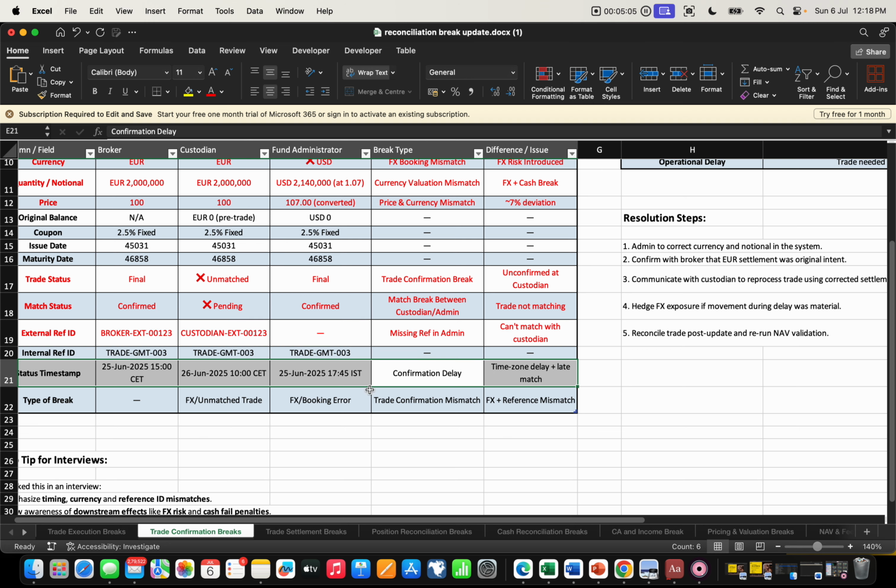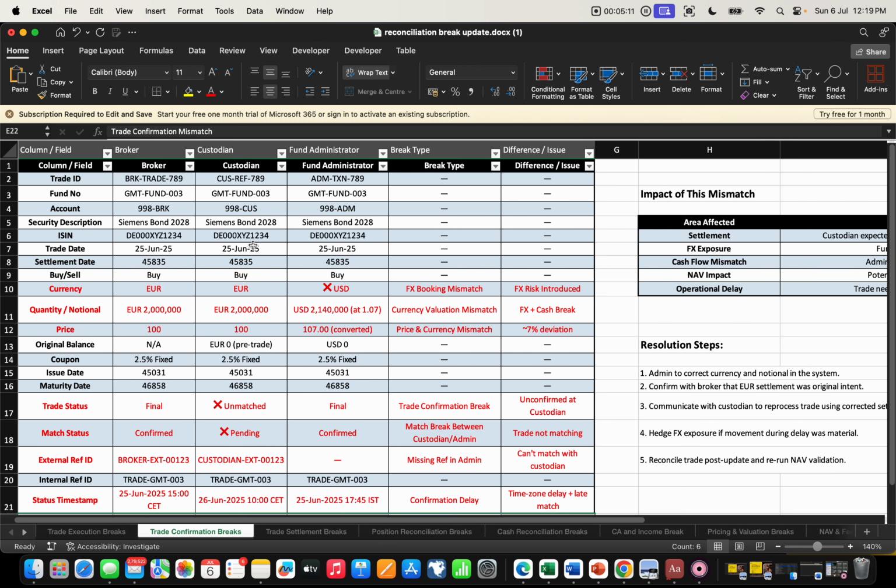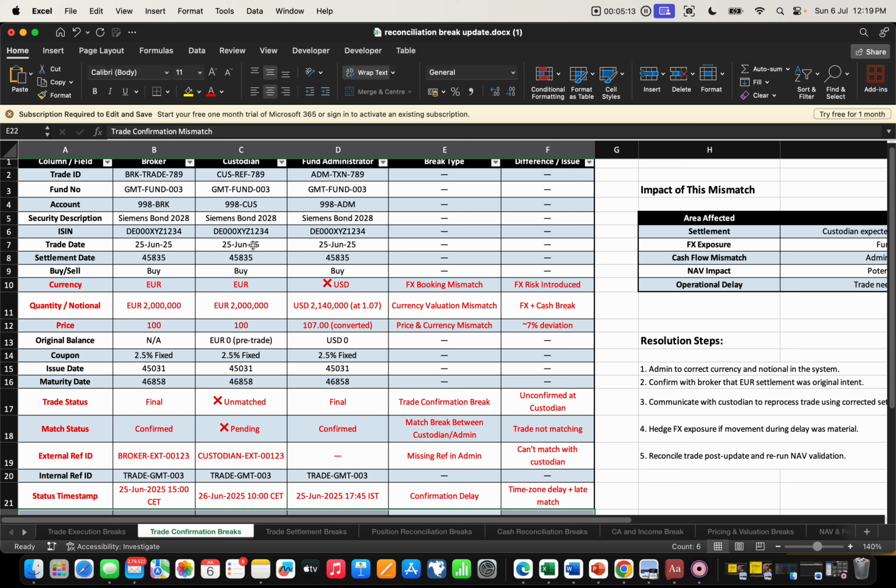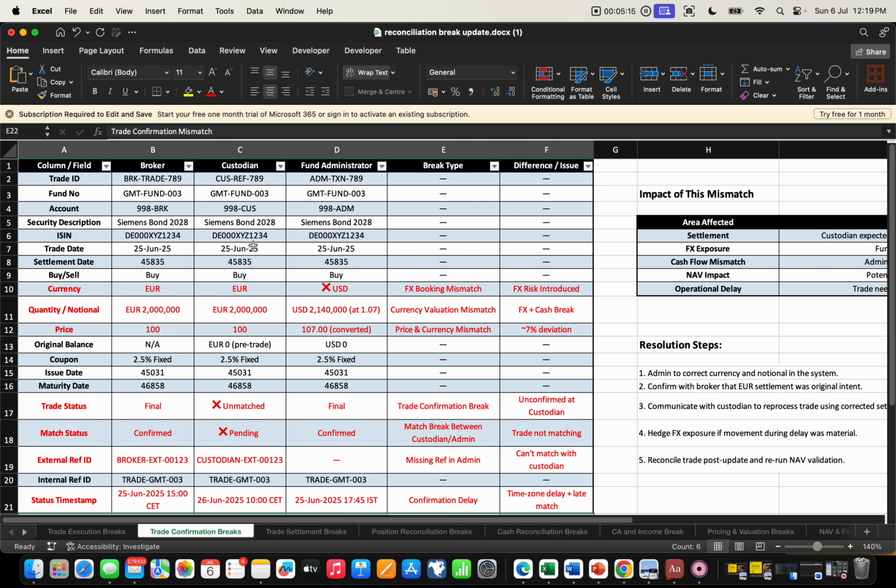Confirmation gets delayed. In this step, many types of breaks are impacted. If something is mismatched between currency, quantity, price, or trade status, everything gets delayed. One by one we will understand what gets delayed.